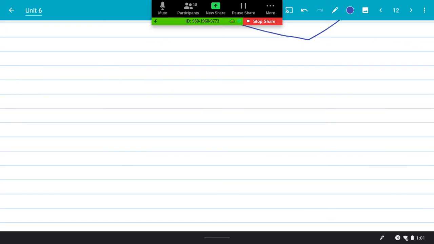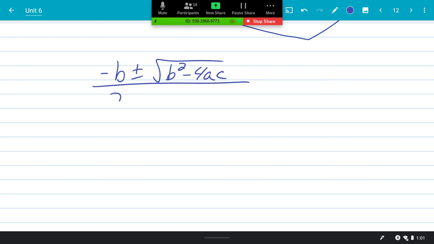I want to break down this negative b plus or minus the square root b squared minus 4ac all over 2a. And I want you to realize that there's a couple pieces of information in this quadratic formula that are important to us that we've used in the past. If I just looked at this right here, negative b over 2a, you seen that somewhere before?